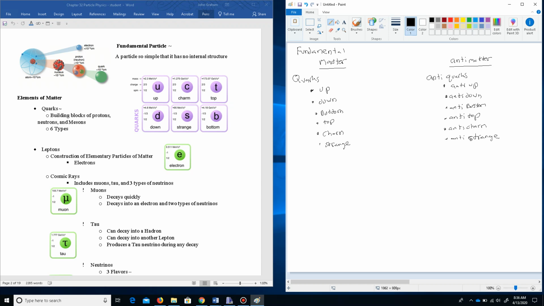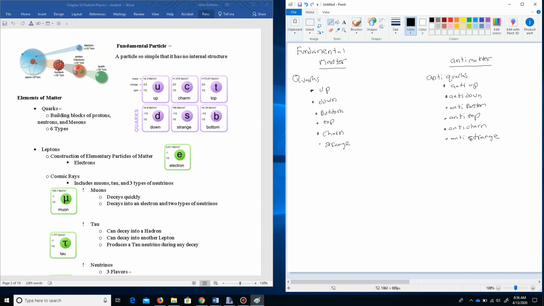And so we see with these different 6 quarks, the charge is 2/3 for an up and 1/2 spin, and it has a certain mass of 2.3 MeV per c squared. The charm has everything the same charge, same spin, but a 1.275 GeV per c squared mass.